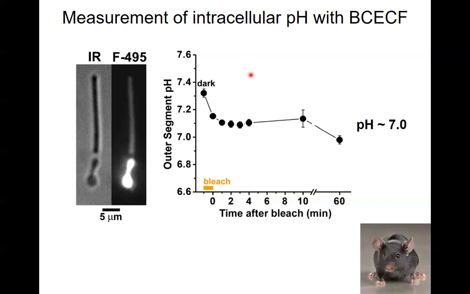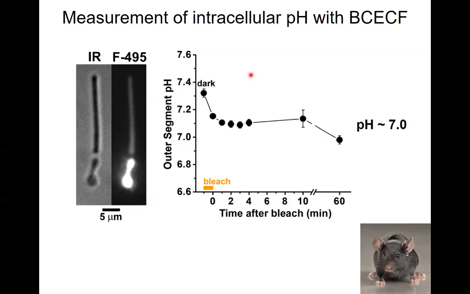Really, everything comes together. The dye is going to go everywhere. It's not going to stay just in the cytosol in the inner segment. It's going to go into mitochondria and the ER as well, and be cleaved in the mitochondria as well. So I don't think we can distinguish.